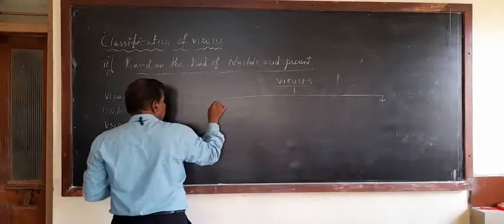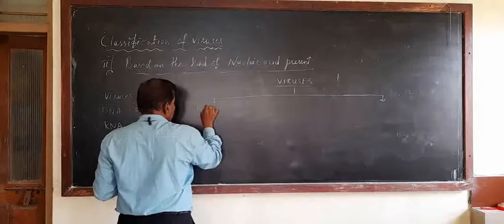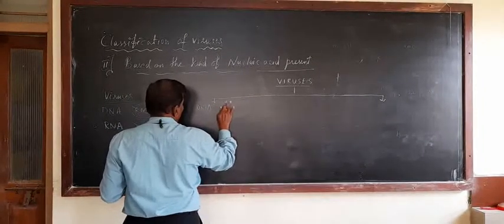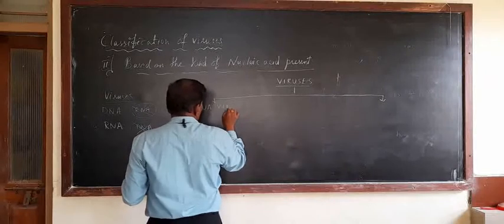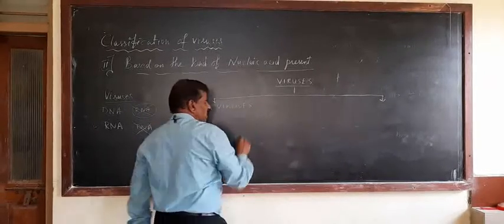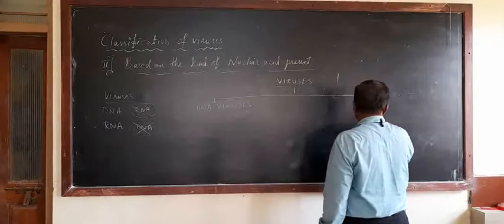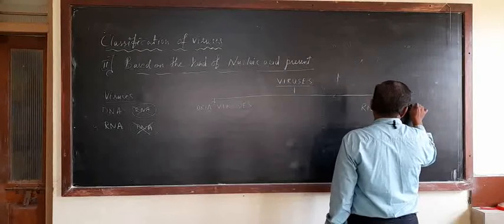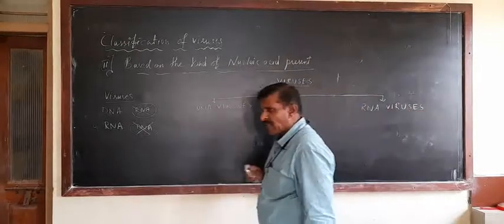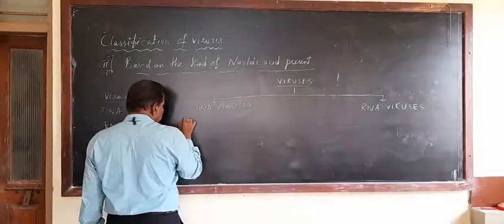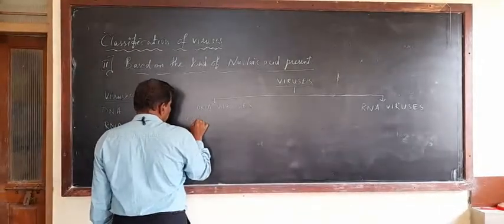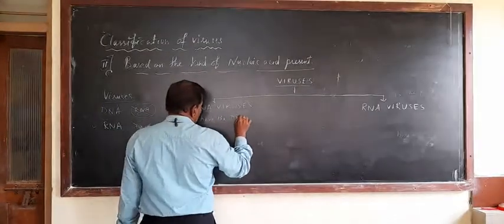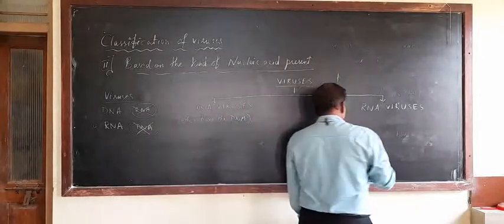The first kind of viruses are called DNA viruses. The second type of viruses are called RNA viruses. DNA viruses are the ones which contain DNA. RNA viruses are the ones which have RNA.